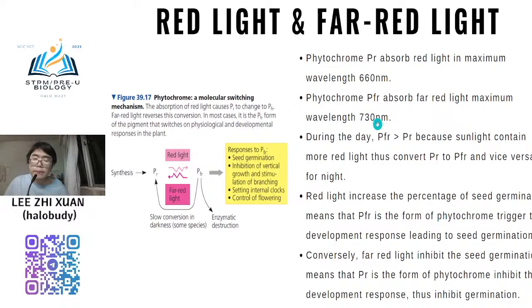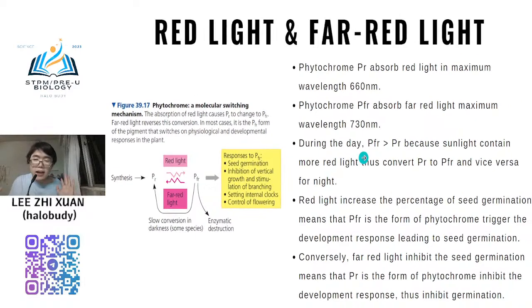and then PFR, the maximum wavelength is 730 nanometer. And then during the light, in a sunny day, you still remember that you learned about the chlorophyll pigment. You remember that during the sunny day, there are two lights that are highly found from the sunlight, which are what? Red light and also blue light, right? So during the day, meaning that PFR is higher than PR.